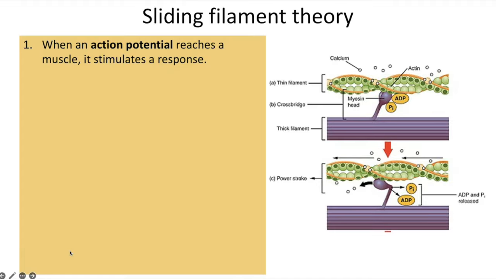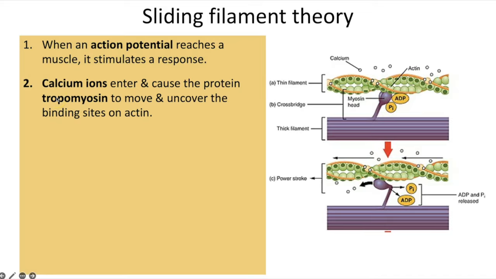When that action potential reaches the muscle, we already talked about how it generates that depolarization traveling through those T tubules, and it stimulates a response because it causes calcium ions to enter, and those calcium ions can cause tropomyosin, which is shown here in orange as protein, to move to a different position.